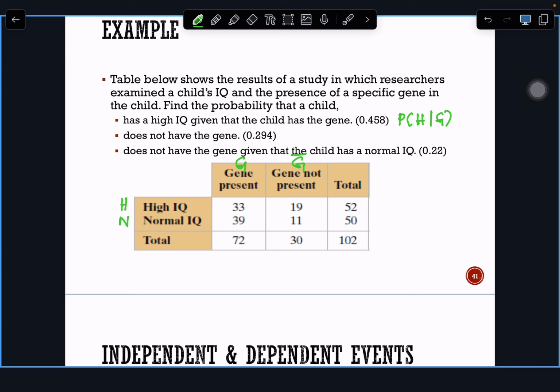No, I didn't say you can add. No, answer the first question first.